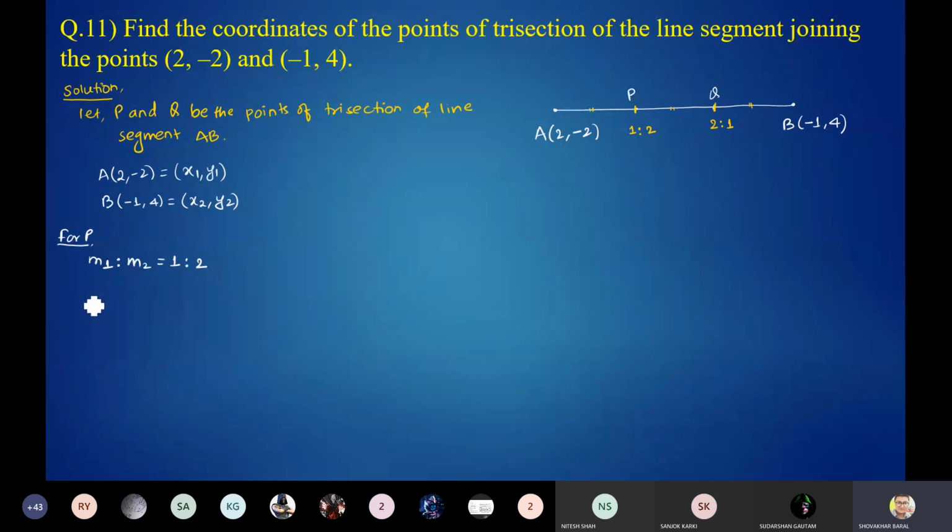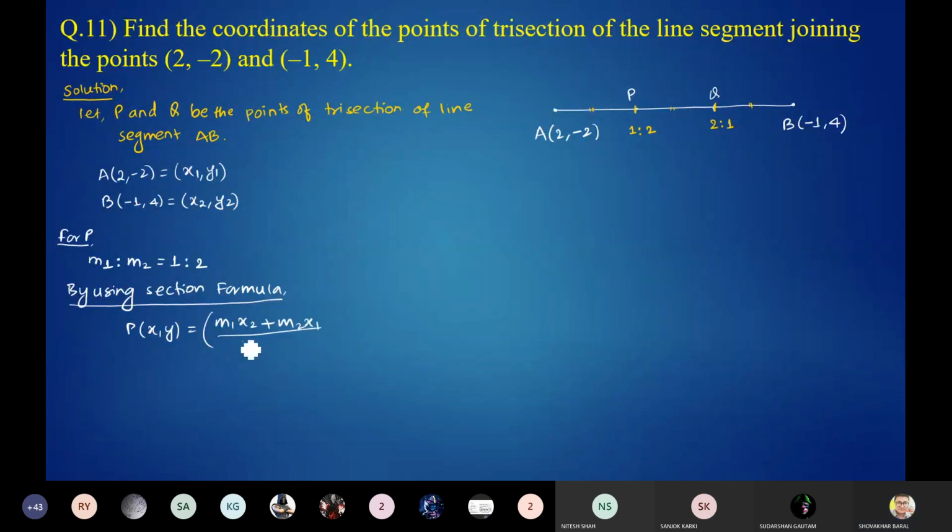So let's find the coordinate of P also by using the section formula. By using the section formula, P(x, y) is equal to the coordinate of (m1 x2 plus m2 x1) by (m1 plus m2), comma, (m1 y2 plus m2 y1) divided by (m1 plus m2). Replace the values.